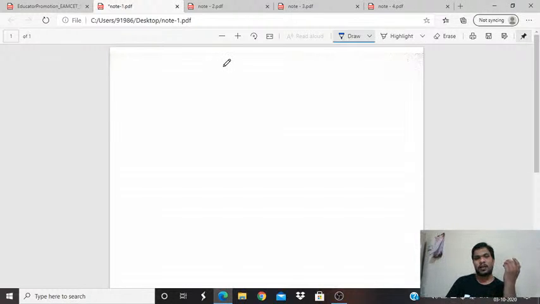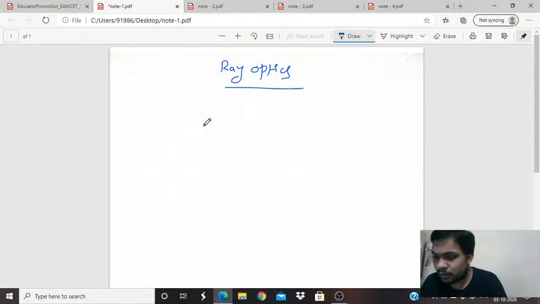Wave optics means we study the nature of light as a wave. Ray optics means we consider light as having ray nature. But which is correct? Actually, it has both, dual nature, ray nature as well as wave nature. So first we'll start ray optics, ray nature.